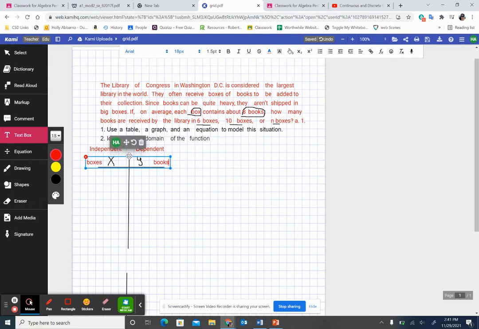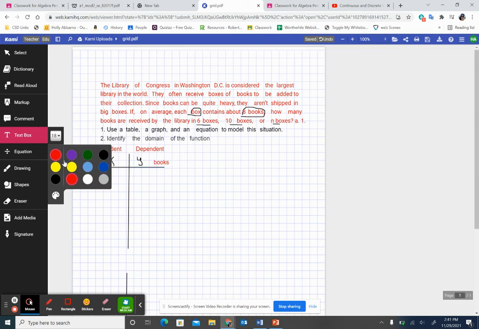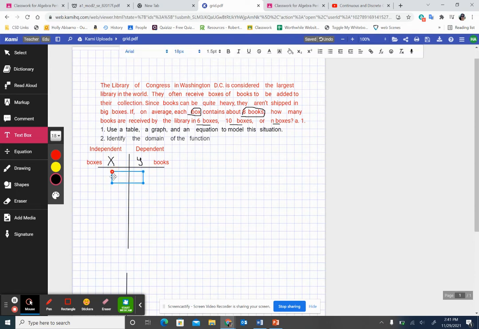And they gave us some information. Each box contains 8, so one box has 8 books. 2 boxes would have 16. 3 is going to have 8, 16, 24.